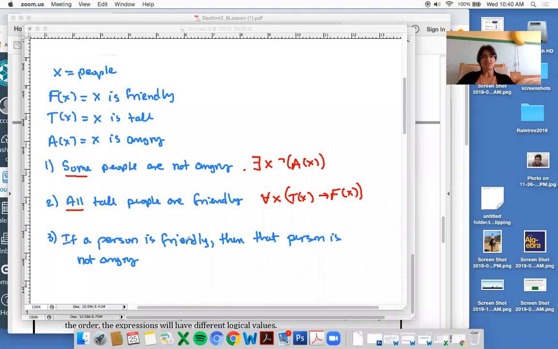How about the third one? If a person is friendly, then that person is not angry. Right, friendly, then not angry. But how about the front part? Is that a universal or an existential?